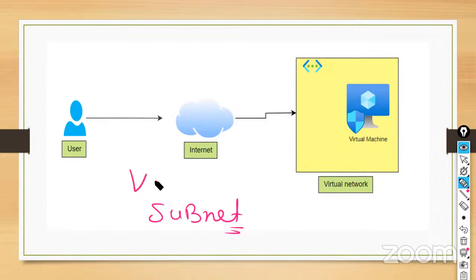So far we created a VNet here, we created a subnet. Now I can use this VNet subnet to deploy my virtual machine there, right?